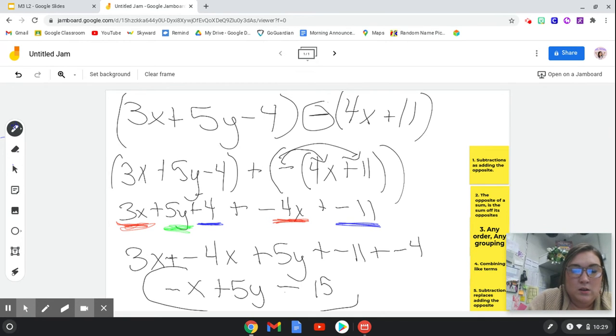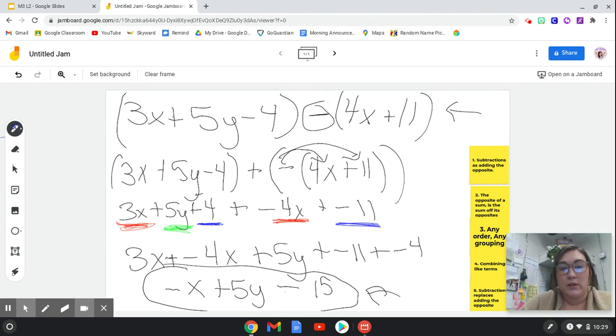So my problem would now be negative x plus 5y minus 15. So there's a lot of steps to simplify those down, but that is the exact same equation as this longer one here. Those are my equivalent expressions.